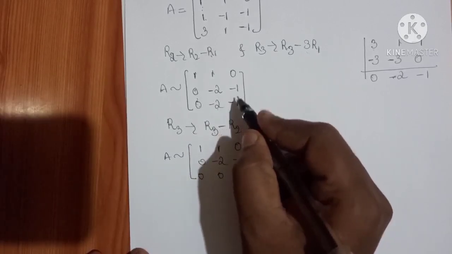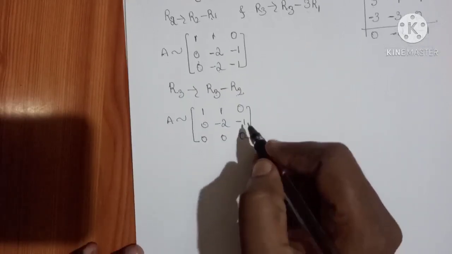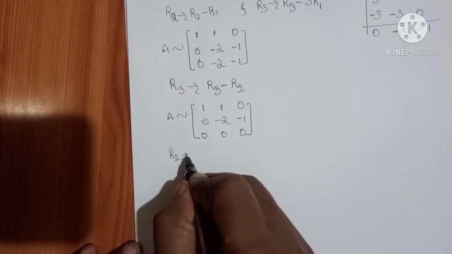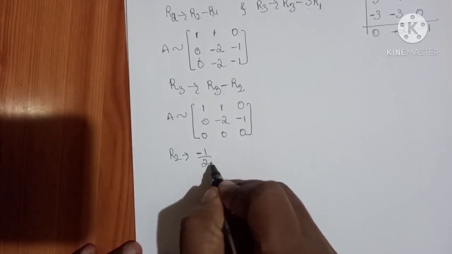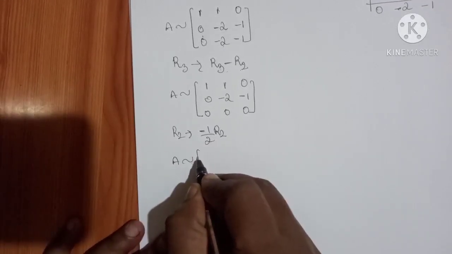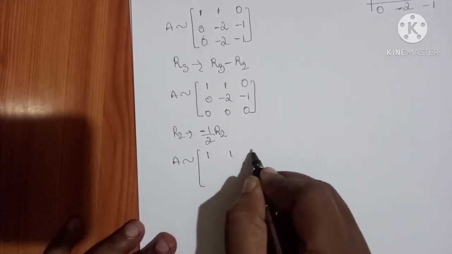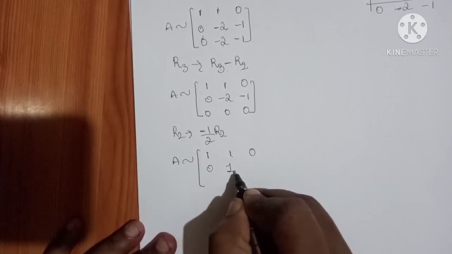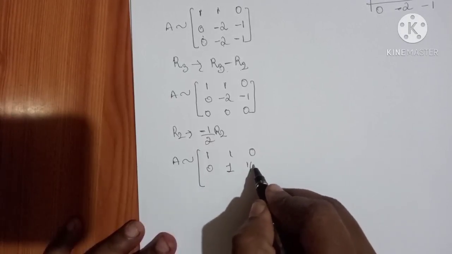Again minus 1 plus 1 equals to 0. Now R2 equals to minus 1 by 2 into R2. We get A is equivalent to 1 1 0, 0 1 plus 1 by 2.